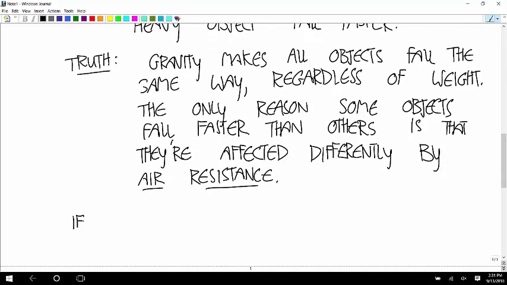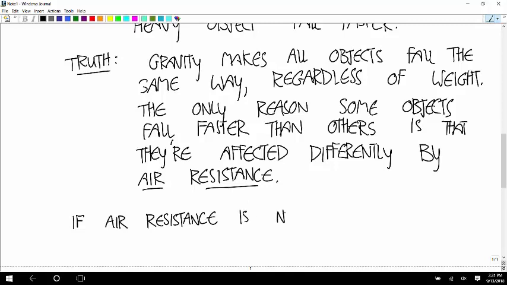If air resistance is negligible, and the next thing we're going to do is talk a little bit about when you can expect air resistance to be more important and less important.